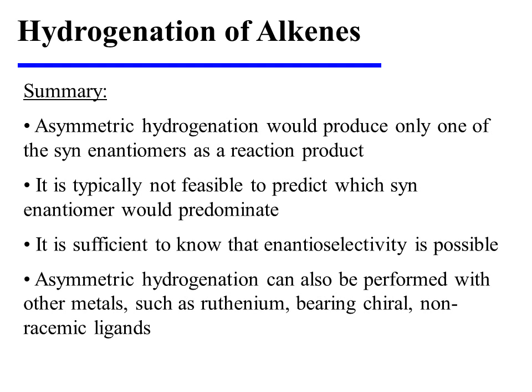Asymmetric hydrogenation would produce only one of the syn enantiomers as a reaction product. It is typically not feasible to predict which particular syn enantiomer would predominate. It's usually sufficient to know that enantioselectivity is possible in such reductions. Asymmetric hydrogenation can also be performed with other metals, such as ruthenium, bearing chiral non-racemic ligands as well.